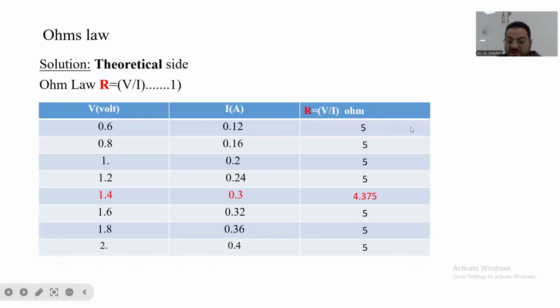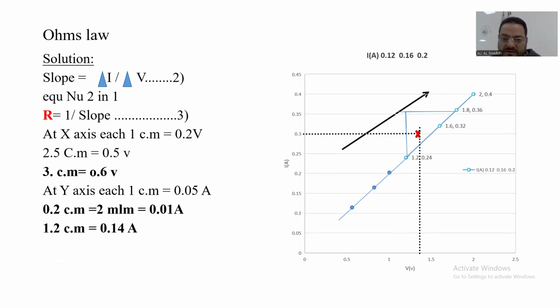Here, the theoretical side says the unknown resistance value is 5 ohms. This one is irregular, well, a regular point, we will prove that in the theoretical and graphical side. Okay, here the slope. At the x-axis, I explained each 1 centimeter equals 0.1 volt, and for current, each 1 centimeter equals 0.05 ampere.